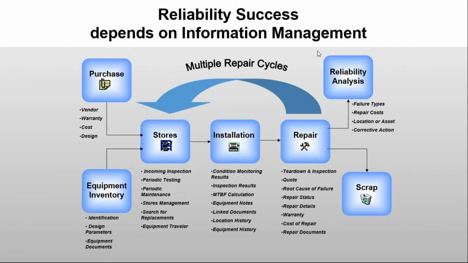But again, in that life cycle, when your condition monitoring activities, for example, spot a developing problem and follow it to the point that it's determined that a maintenance work order is needed to replace or repair that equipment, and then it goes out to repair, there's information being generated: what the repair shop personnel find at teardown and inspection, repair actions taken at the shop.